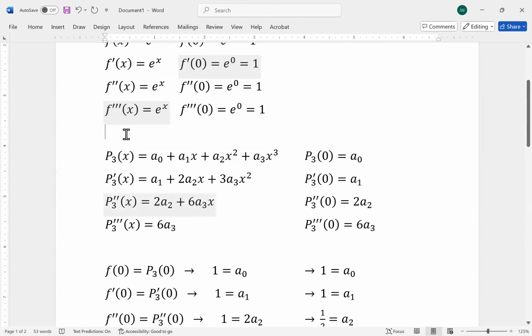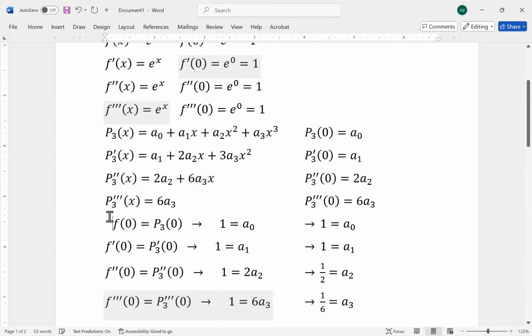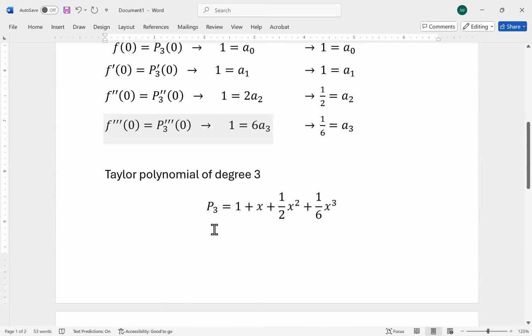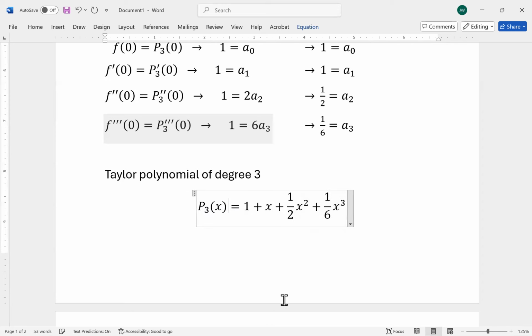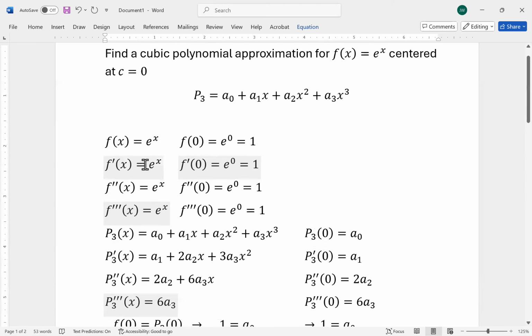Let's try to make this a little bit more compact. There we go. Again, you can call that P sub 3 or P sub 3 of x. And that polynomial is going to be a third degree polynomial, which approximates f of x equals e to the x very closely around c equals 0.